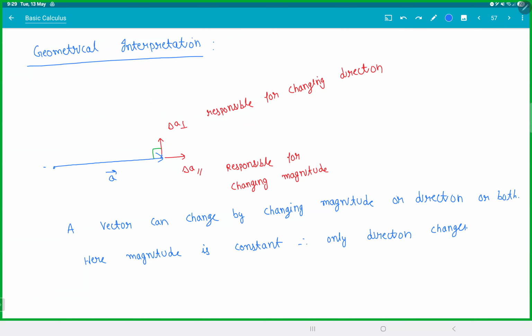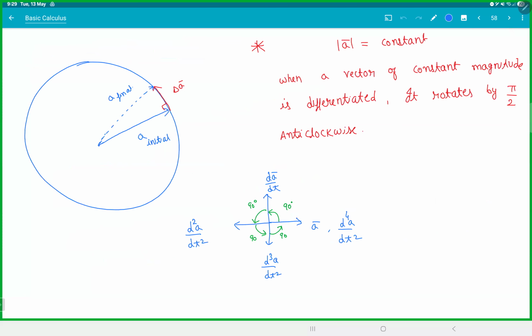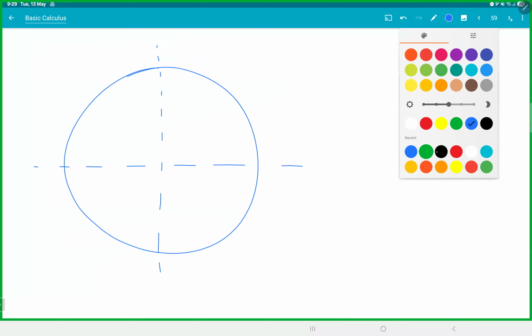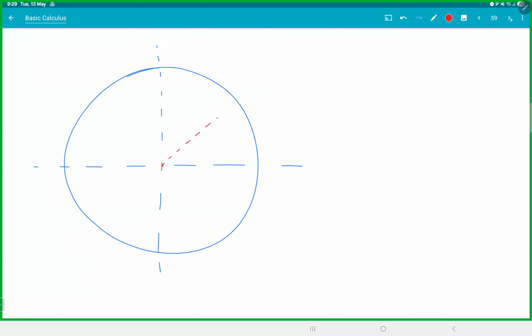Clear with this? One of the best examples is what we did right now. When the particle was going on a circle, this was the position vector, agreed? If you differentiate this, you got velocity, which was dr by dt.